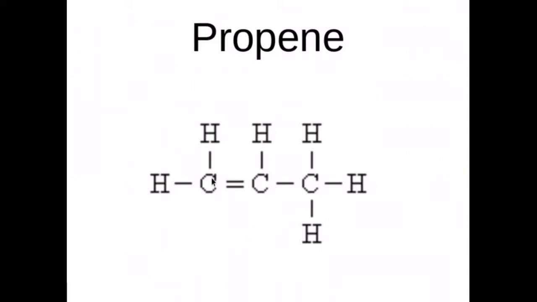So here we have our 3 carbon atoms, and they are bonded to each other, and there is 1 double bond between the carbon atoms. Remember that alkene doesn't mean that you have double bonds between every carbon atom, just that you have a double bond between 2 of the carbon atoms. Because it has 3 carbons, and the formula is CnH2n for an alkene, it must have 6 hydrogens.